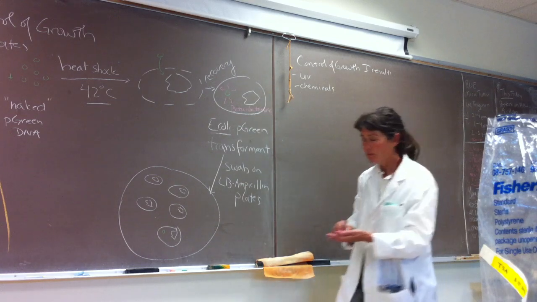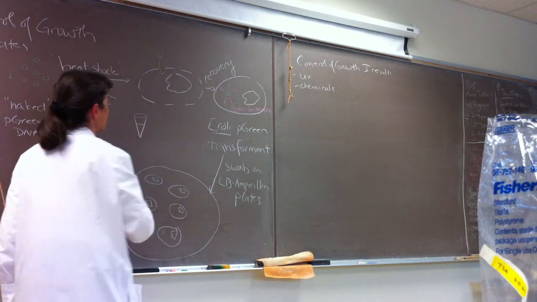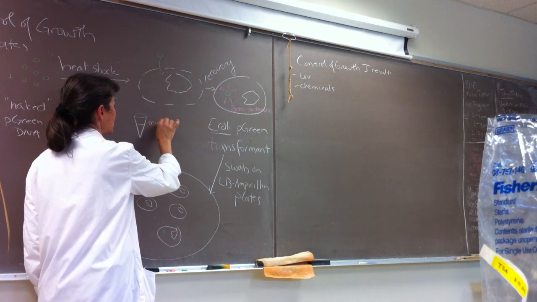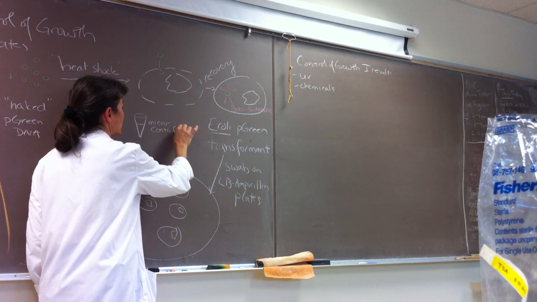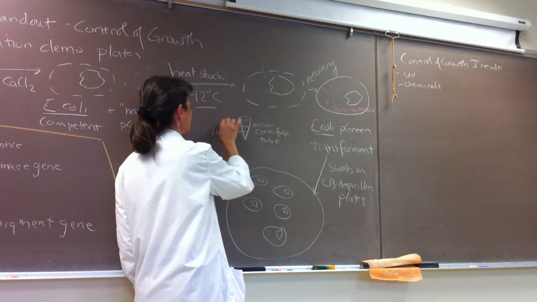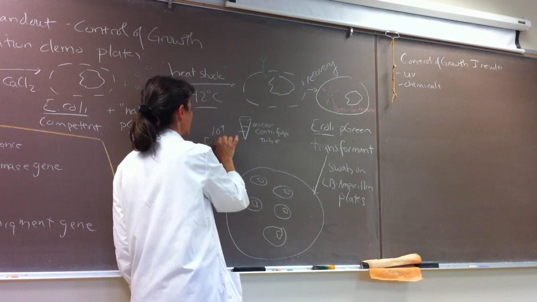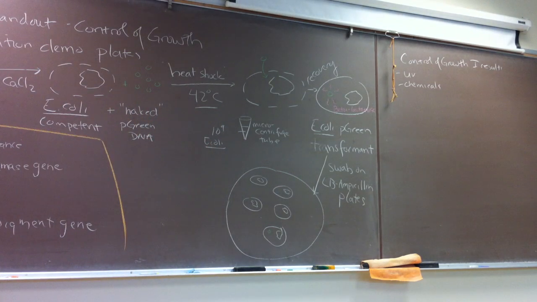Now, if you think about this, you guys, Professor Holland was performing this experiment in a little microcentrifuge tube. Let's say, we'll just make this up, there were like 10 to the 9 E. coli in that tube. And let's say only, oh my goodness, maybe only 10 of them were transformed.